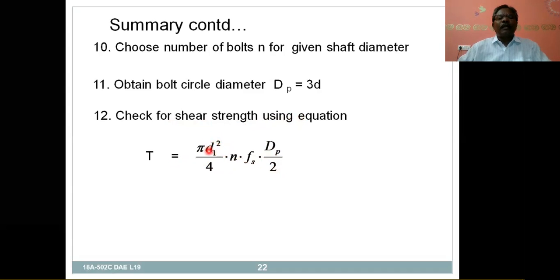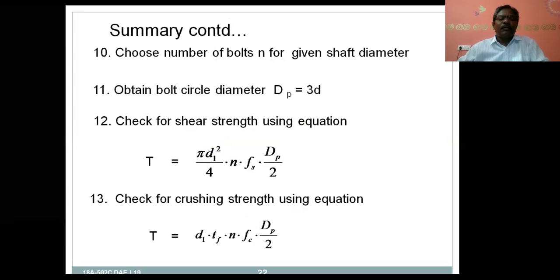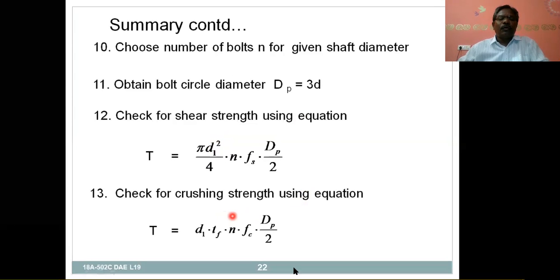And you have to check for crushing strength using this equation: T, the torque transmitted, is equal to d1 into Tf into n into Fc into dp by 2.